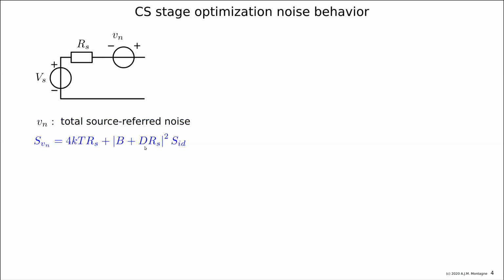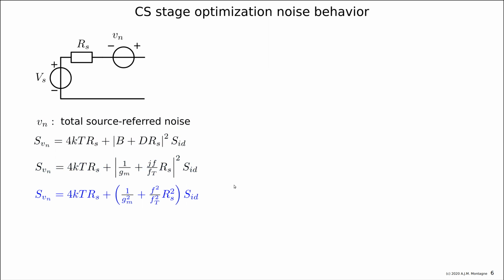We know B and D, so we can go further in this expression, and then it looks like this. In this spectrum of ID, this SID, there's also 4kT, gamma n divided by GM. So we can combine the 4kT over all the terms. First I write the other one, I do the squaring of the magnitude of ID, and then I will substitute the result of SID.